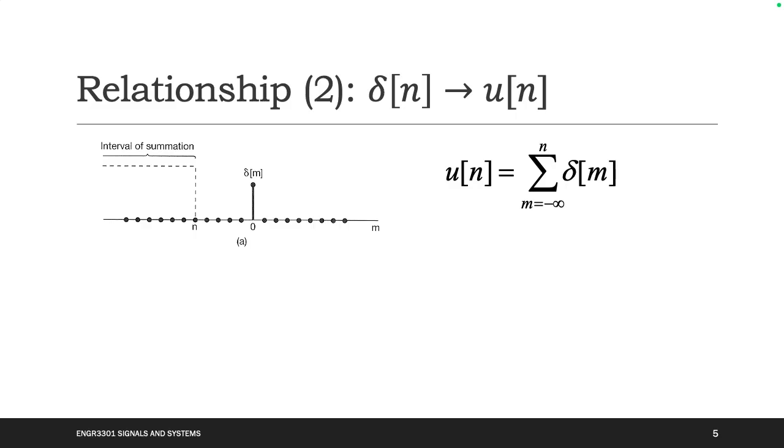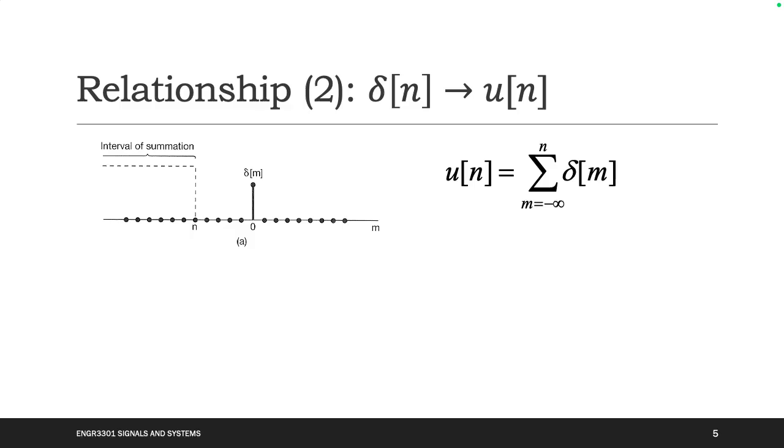For u n, when n is smaller than 0, it should be 0. But if m goes from negative infinity to n, how about the value? What is delta m? Delta m equals what? When m equals 0, it will be 1. Otherwise, it will be 0, am I right? That makes sense to you?